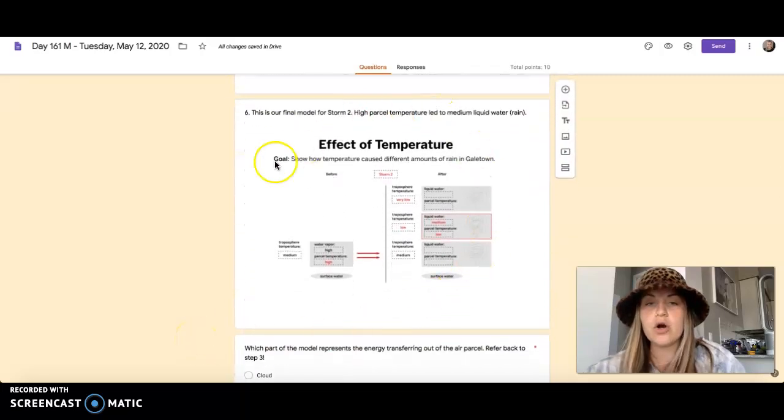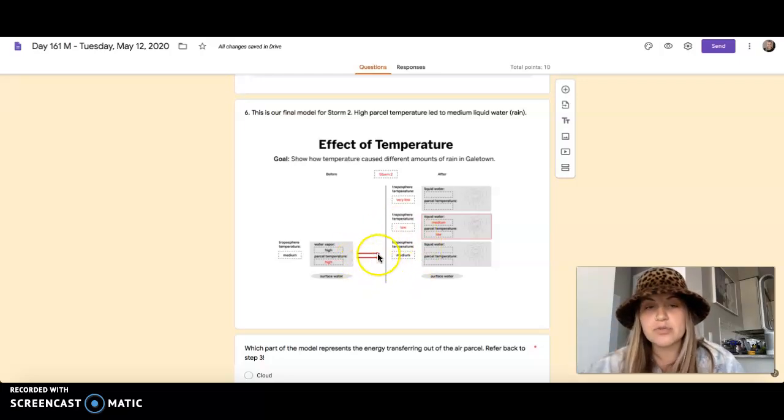So to put it all together, before, our air parcel was at a high temperature. Our cloud was hot. It was transferring a medium amount of energy out of the cloud and into the surrounding air.